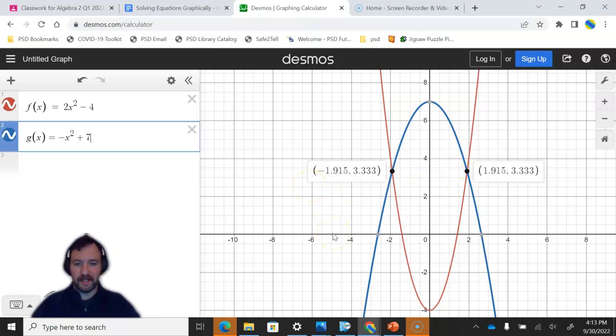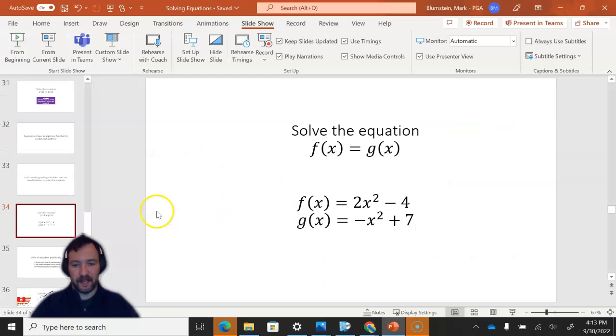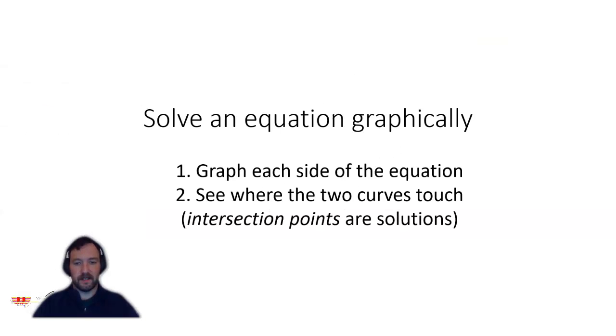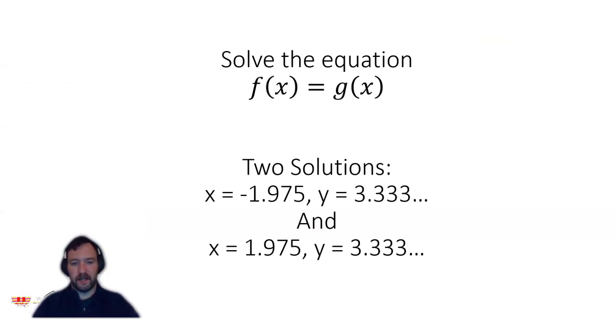Okay, so it's that easy to solve an equation when you have the model using technology, and you get a nice visual intuition too. Okay, so there are the steps again, and solving the equation, we get 2 solutions. The x, what you have to plug in, was negative 1.975 for the solution on the left, and positive 1.975 for the solution on the right, the intersection point on the right side of the graph.